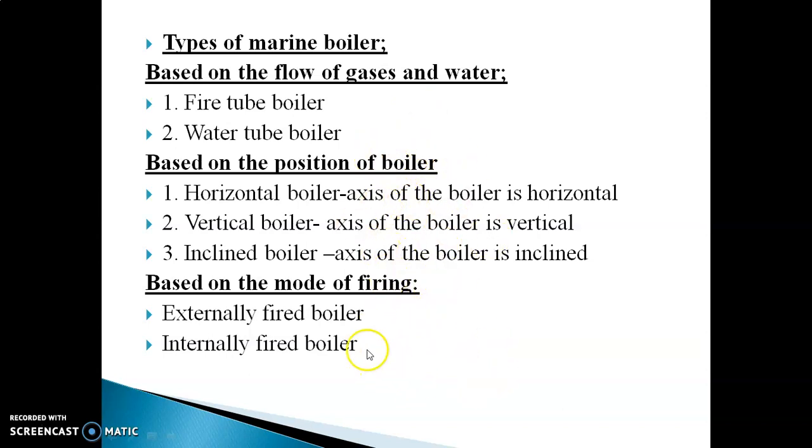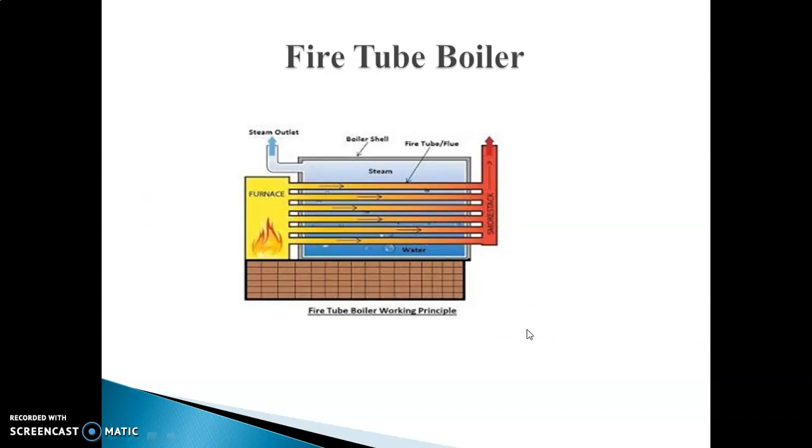The position of boiler and mode of firing types come under these two, fire tube and water tube. It may be a fire tube or it may be a water tube boiler. Fire tube boiler: the name itself indicates it. If fire goes inside the tube, it is called a fire tube boiler.